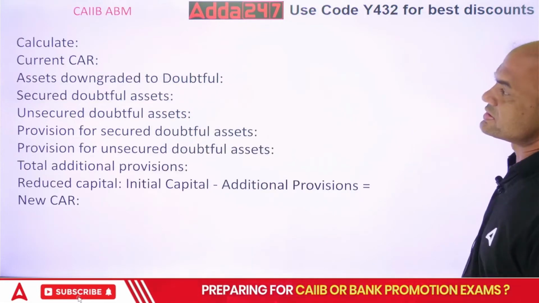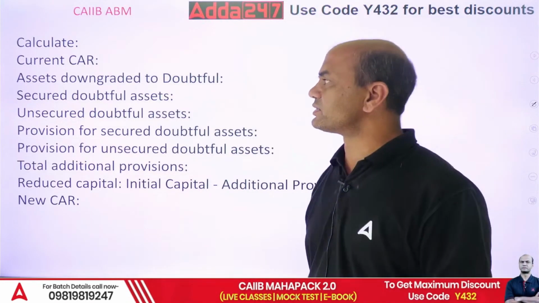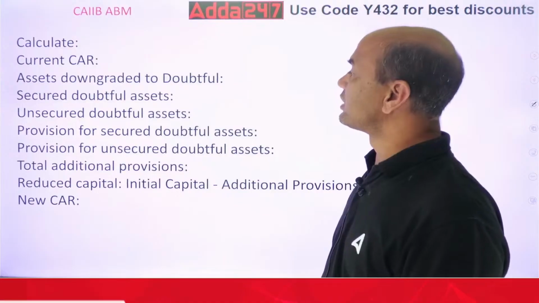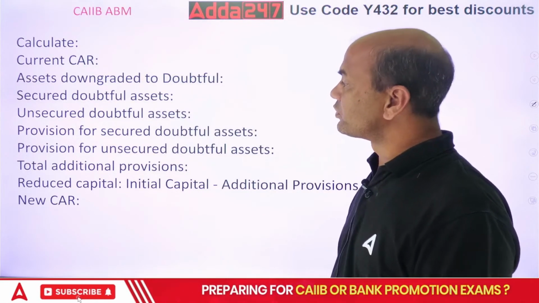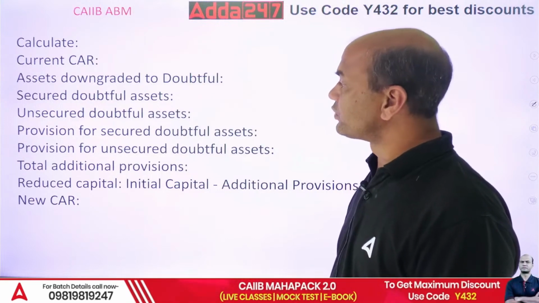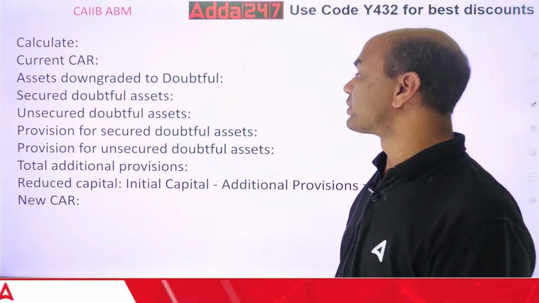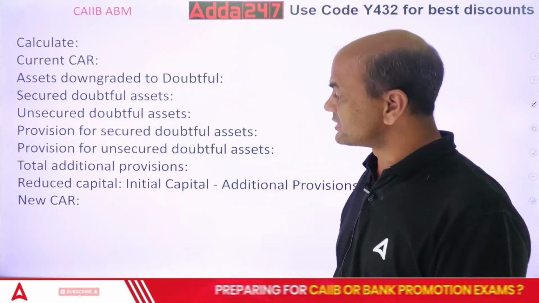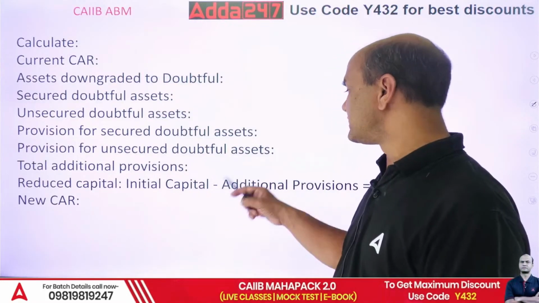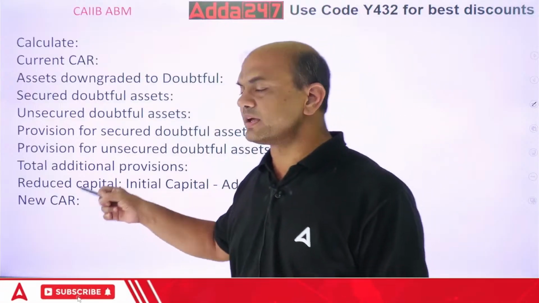So what are the questions? Calculate current CAR, meaning capital adequacy ratio; asset downgraded to doubtful assets; secured doubtful assets; unsecured doubtful assets; provision for secured doubtful assets; provision for unsecured doubtful assets; total additional provisions; reduced capital, initial capital minus additional provisions; and new CAR.